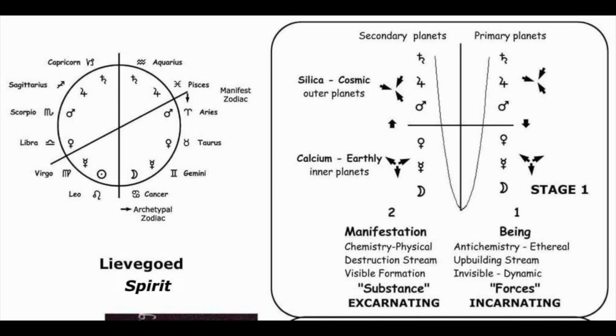And he talked about this whole process of how we have an incarnating stream of planetary activity and an excarnating stream. This is like force, these are all forces, and this is all substance over here. So we're just getting this definition. And so here we have it, this double planetary system just sitting in the zodiac.